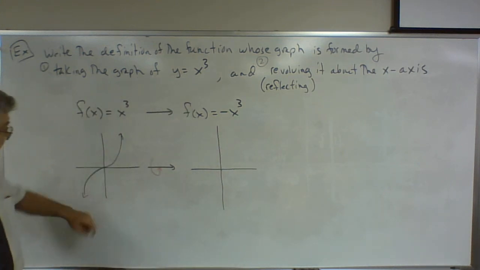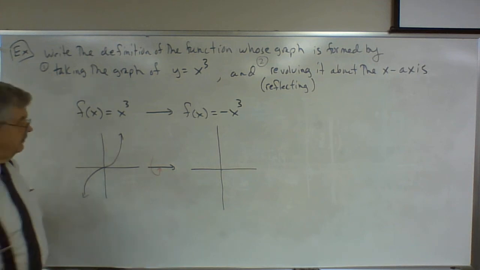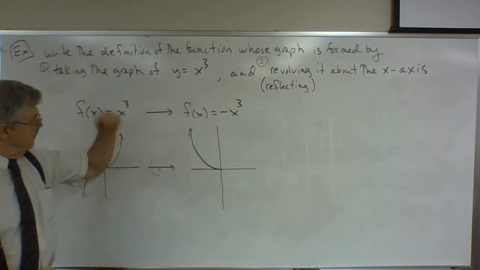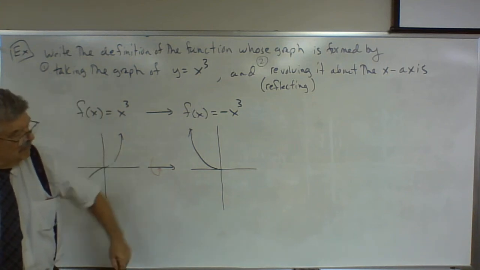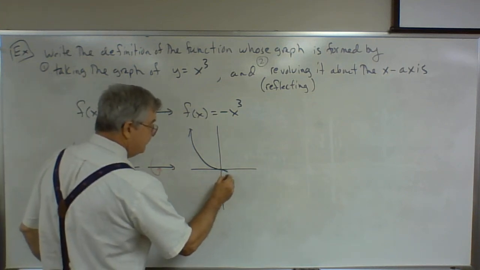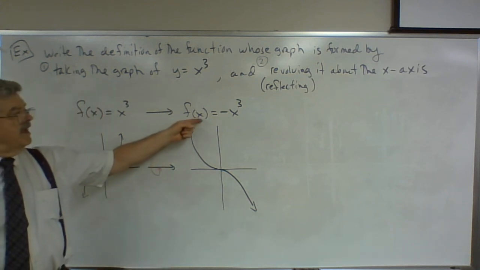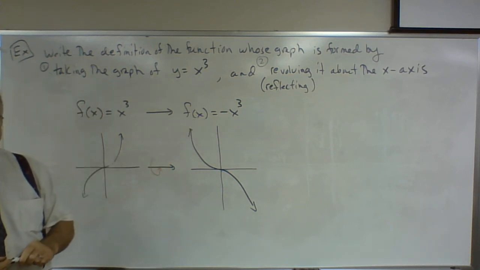This part gets revolved above the x-axis. This part gets revolved below the x-axis. And voila, we have f of x equals -x cubed.